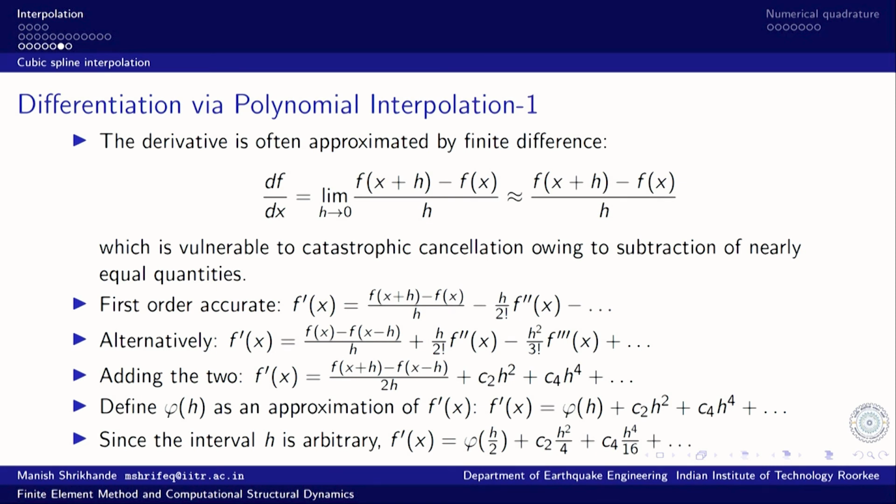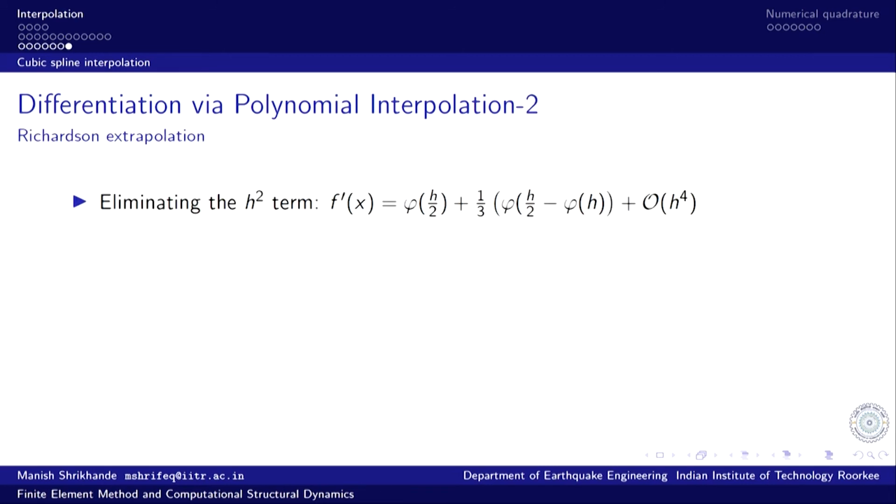I can eliminate again the h square term by adding the two terms, and looking at this approximation, I can eliminate the terms from these two expressions and find out what is the error term.